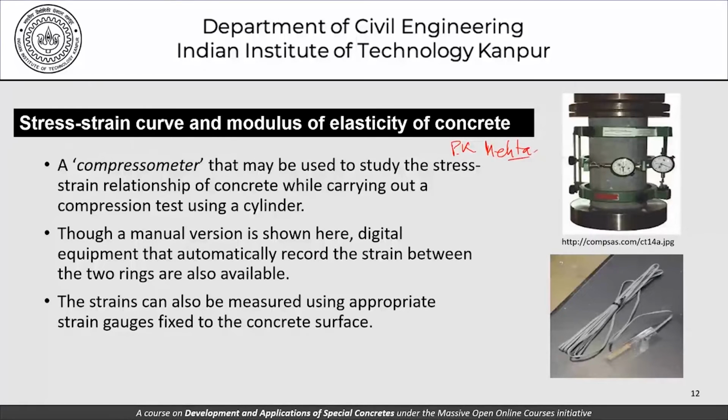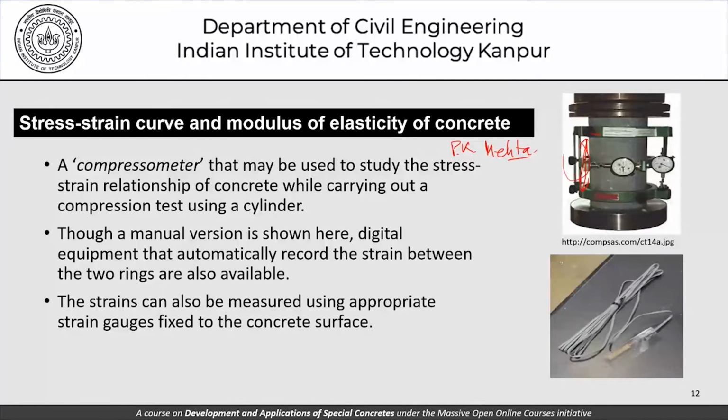Now what this does is, this is the old-fashioned compressometer where you have these two rings, in fact, separated by a certain distance, and we are trying to measure the changes that happen in the length and in the diameter using dial gauges. Of course, in this modern day and age, we don't use this kind of a compressometer with these dial gauges.